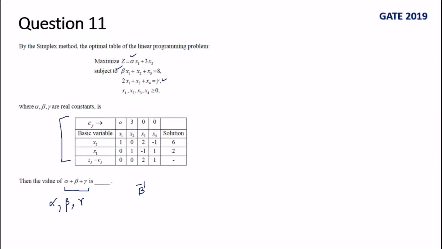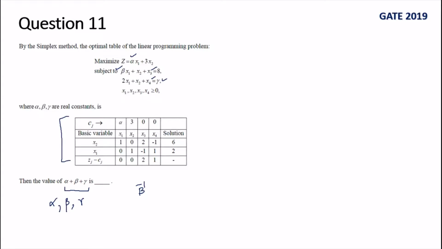First of all, we need to read B inverse, which is the inverse of the basis matrix. We read it from the starting basic variables, because the optimal table is given, and by looking at the columns of the variables that were basic at the start, we read it. Since x3 and x4 do not appear in the objective function, they are playing the role of slack variables here.